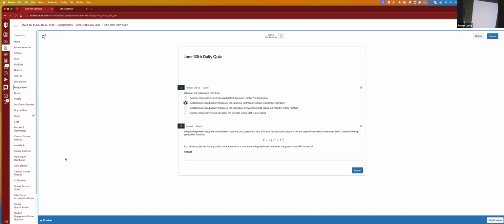So I'm given a production function. I'm given the level of labor and capital, and total factor productivity. I then say there's an increase in capital investments. Before I switch off this screen, I'm going to write down the values of the exponents so I don't forget them.